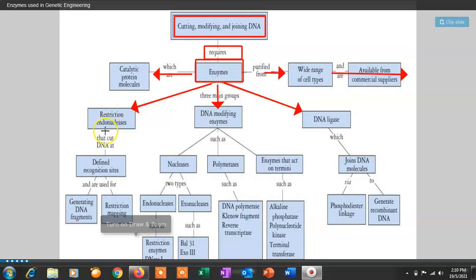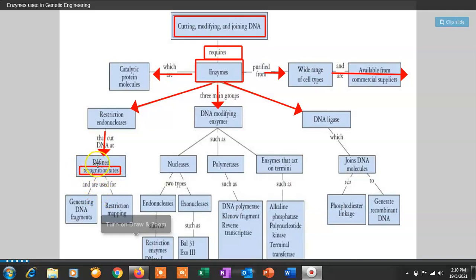Restriction endonucleases cut the DNA molecule at defined recognition sites. At particular sites, these restriction endonucleases, called molecular scissors, cut the DNA molecule, and the site where the restriction endonuclease cuts the DNA is called the recognition site.